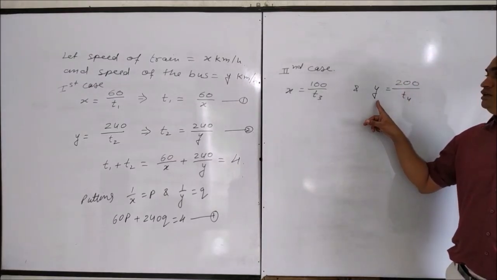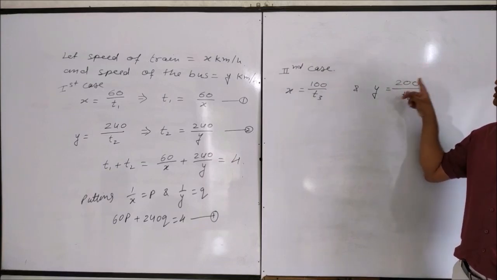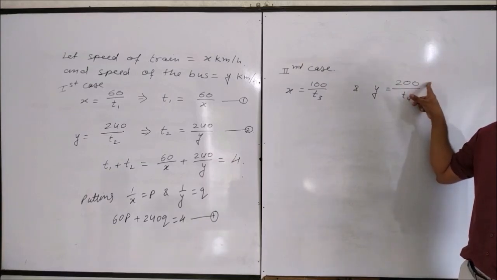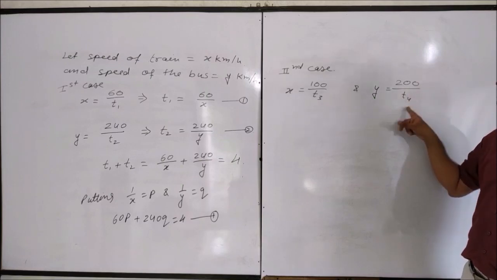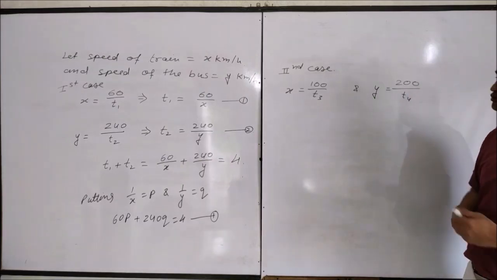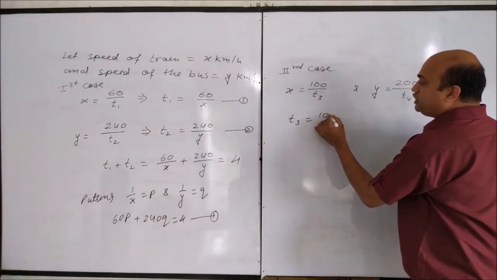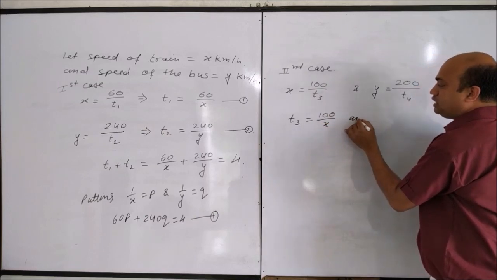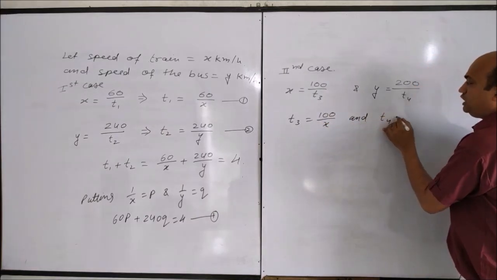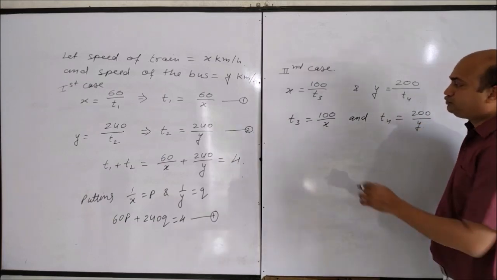For traveling with the bus, the speed of the bus is y kilometer per hour. She traveled 200 kilometers, that is the remaining distance by bus, and we consider that she required T4 hours for this journey. Now from here T3 we will get 100 by x and T4 we get 200 by y.